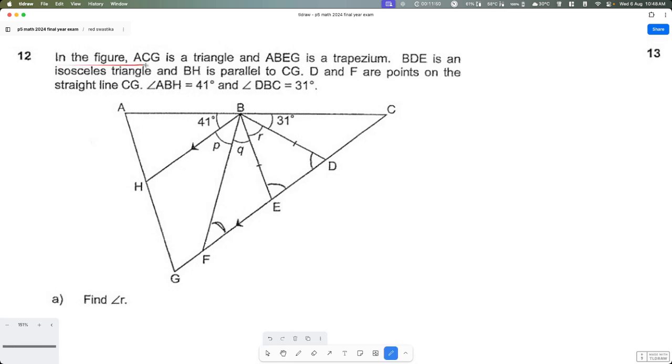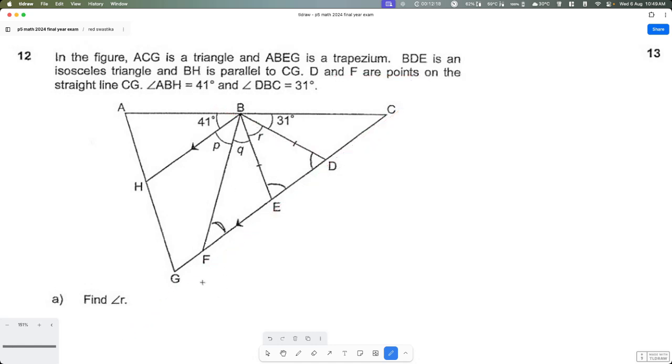In question 12, in the figure, ACG is a triangle and ABEG is a trapezium. BDE is an isosceles triangle, and BH is parallel to CG.